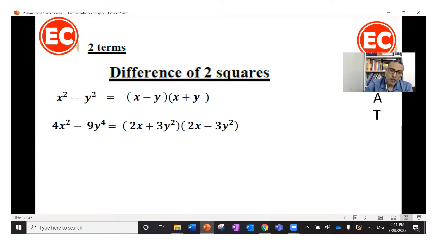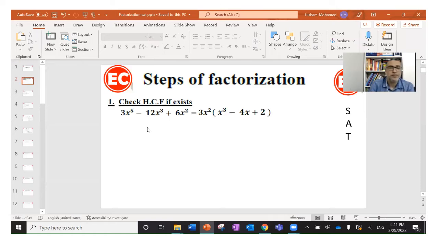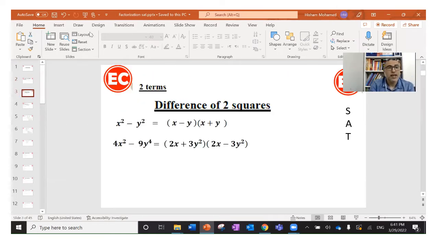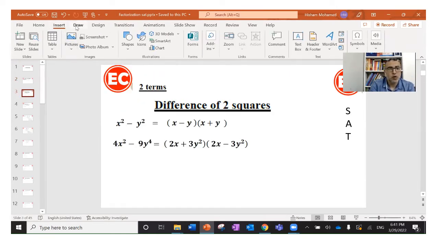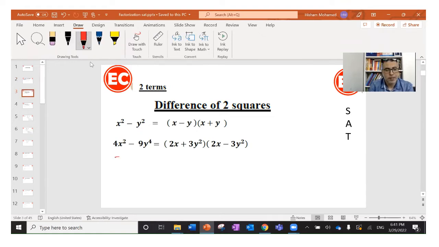But for the third example, if I write for you another example here, 2x squared minus 8, I can't say that it's a difference of 2 squares. Why? Because there isn't any number multiplied by itself that gives me 2, or 8.